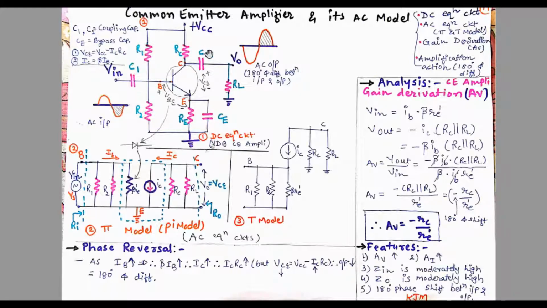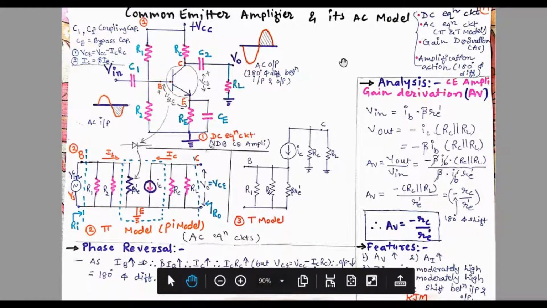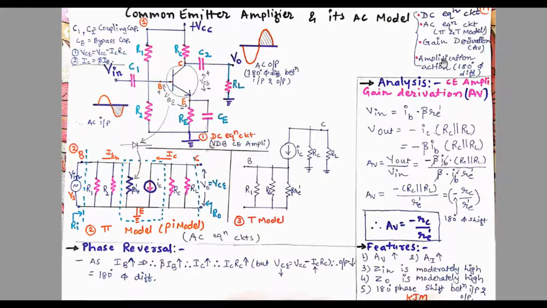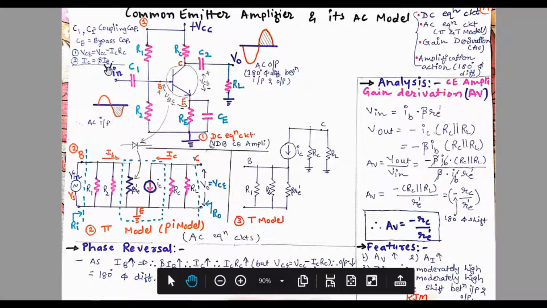Okay. Now let's come to the point. What is amplification action? What happens in amplification? From this DC equivalent circuit, we all know there are two basic formulas, that is VCE equal to VCC minus ICRC, and second, that is IC equal to beta IB. So phase reversal you can explain easily from this equation.